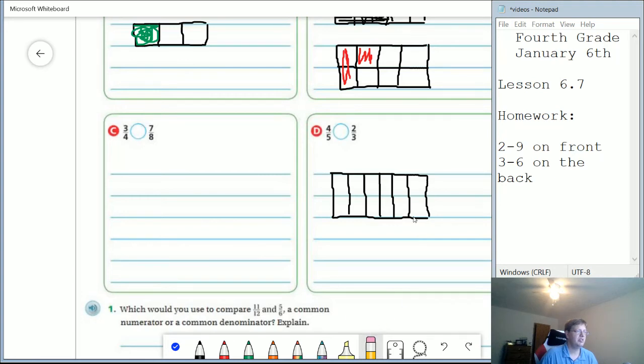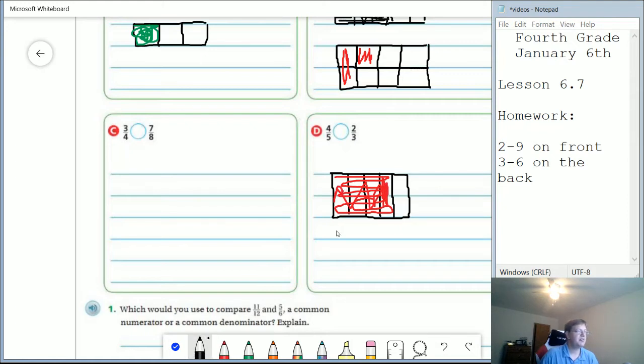Maybe. Come on. All right, there we go. So I have 5 relatively even-sized pieces. I am counting 4 of those 5 pieces. And so I have almost the entire shape filled in.